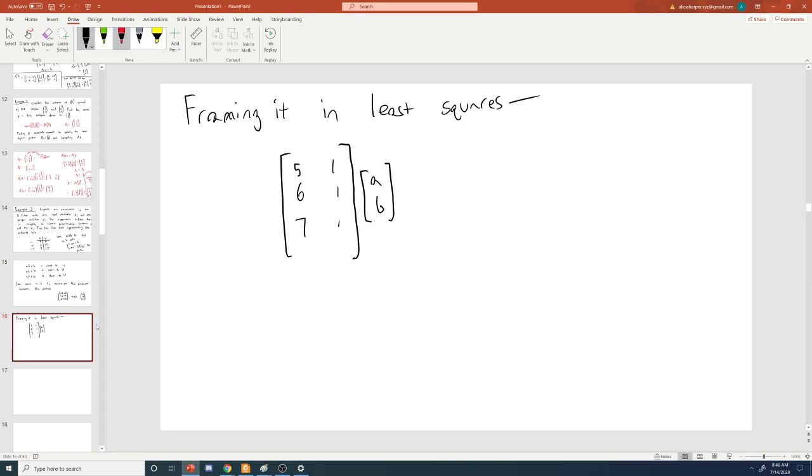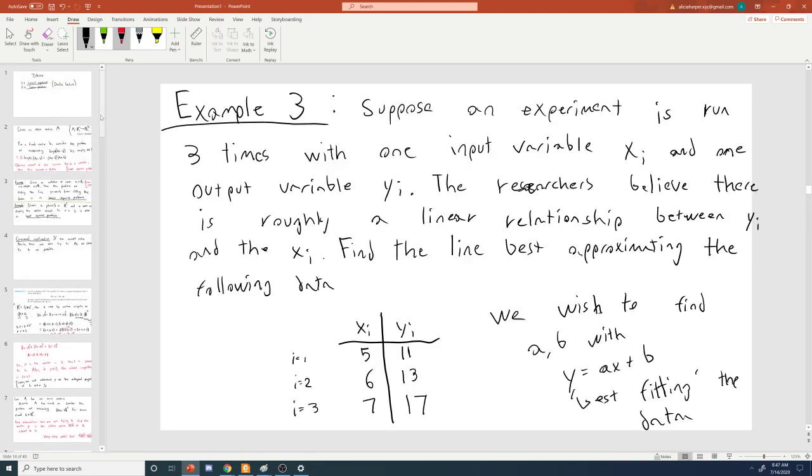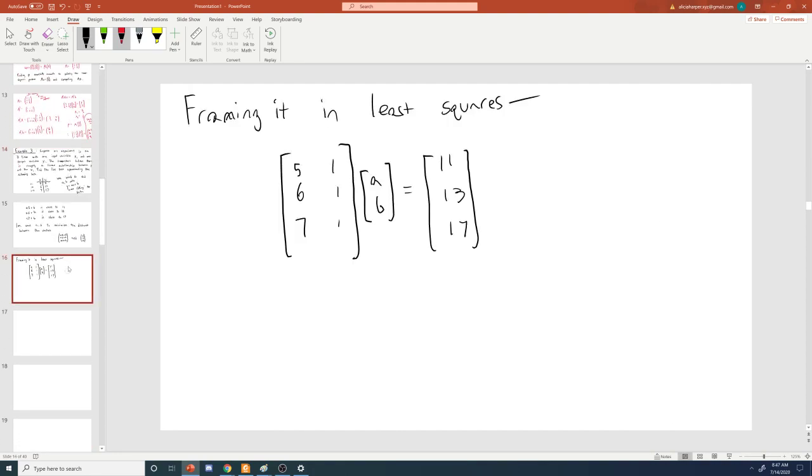We're trying to make it so that this matrix product is closest to 11, 13, 17. And so now we've reinterpreted the statistical problem in terms of a least squares problem.